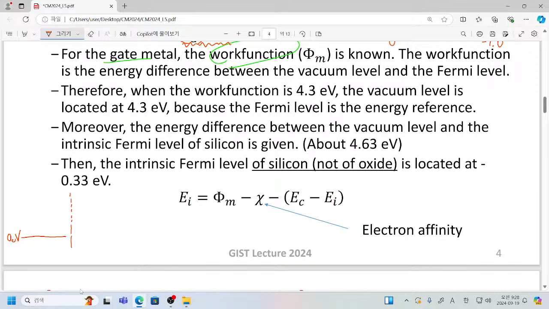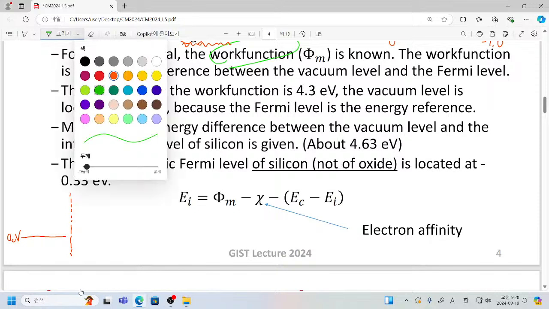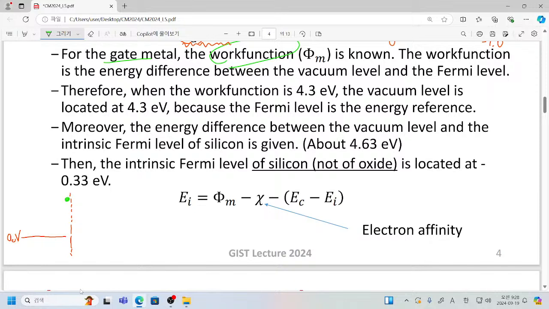In this metal gate, you can also well define the work function. Work function means the energy difference between this Fermi level and vacuum level. So where can you find this vacuum level? By adding the work function, now you can point out the vacuum energy level.